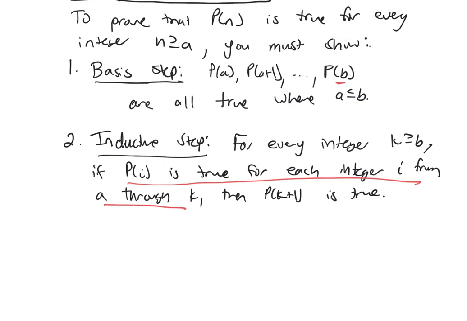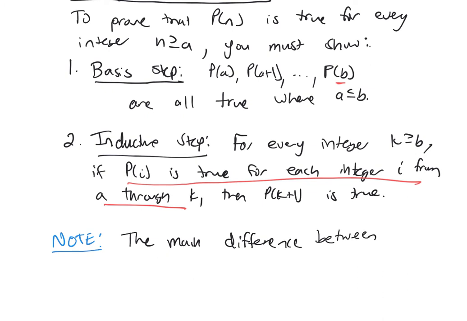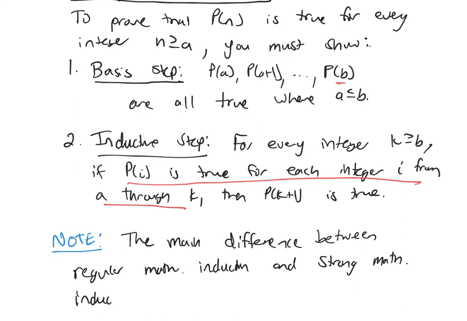So I will mention here that the inductive step is really where we see the biggest difference between these two. So the main difference between regular mathematical induction and strong mathematical induction comes down to the inductive step.